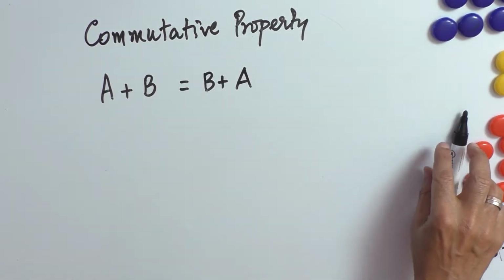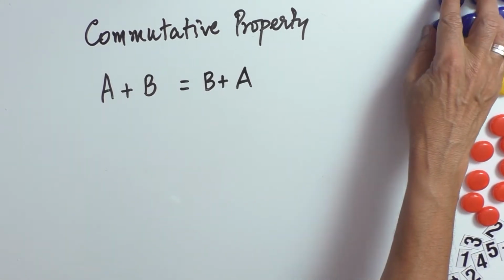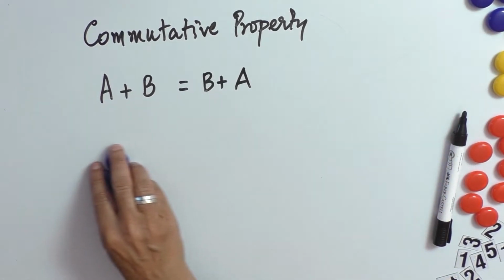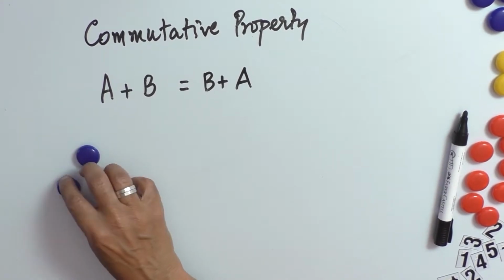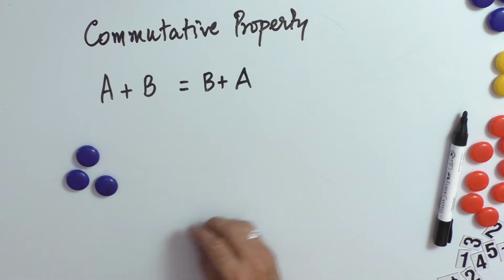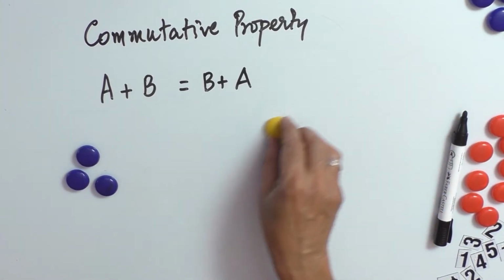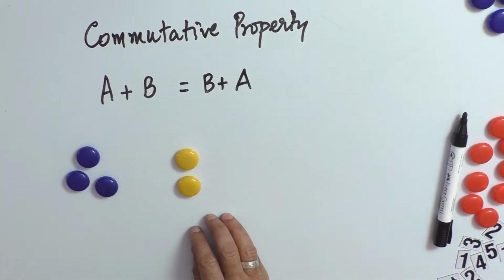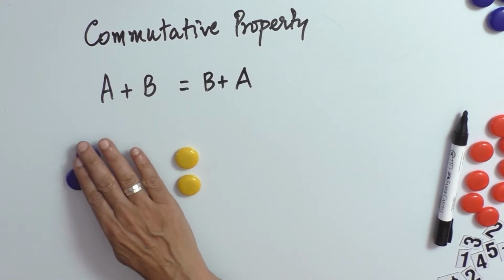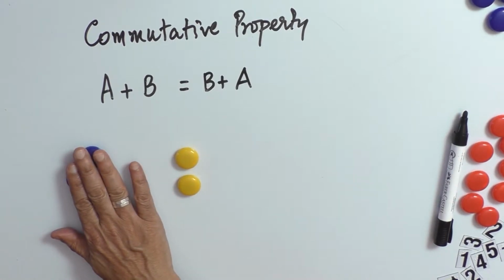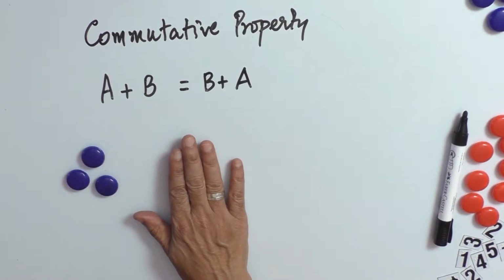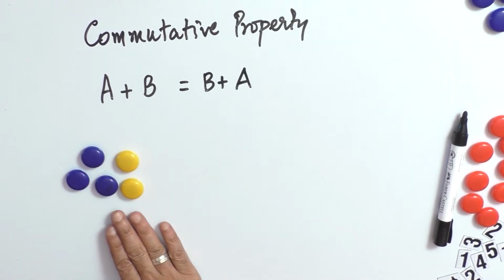Now, how can you teach this to the child? Ask the child to take three objects in set A. Now, take two objects in set B. So, now the order of adding these objects is A is added to B. Now, how much do we get?